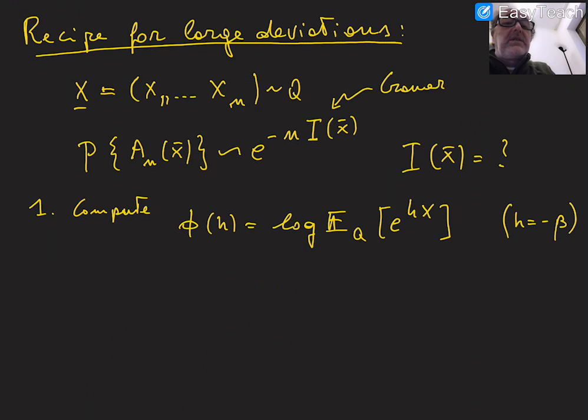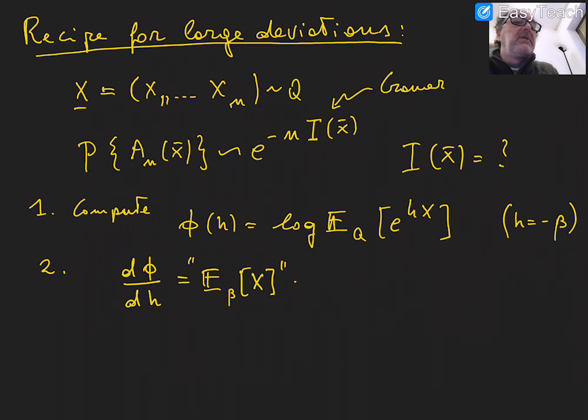The second step is that you compute the first derivative of this function, and this defines what we have called before the expected value on this modified distribution of x. So let's call it x bar of h.